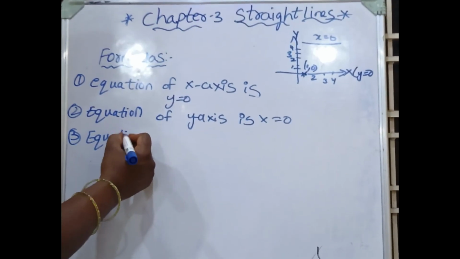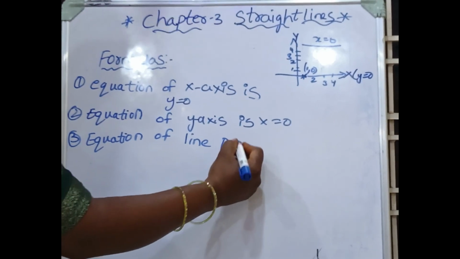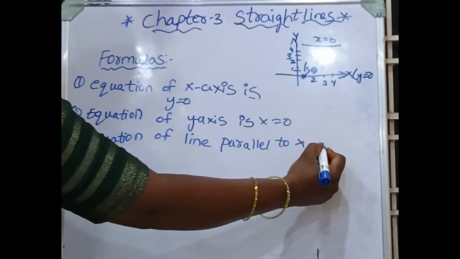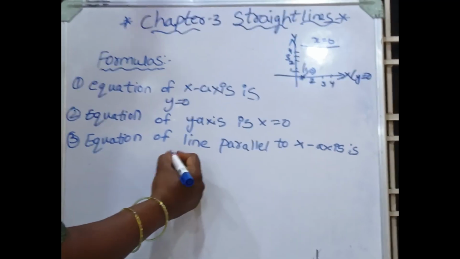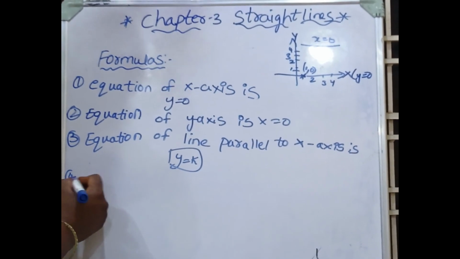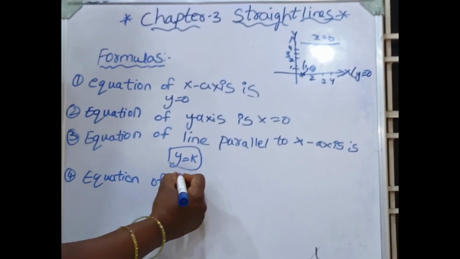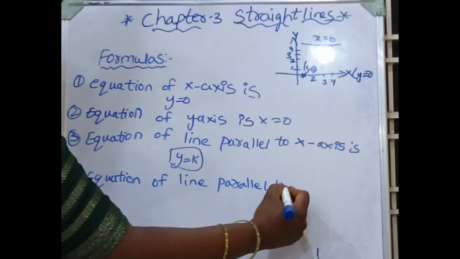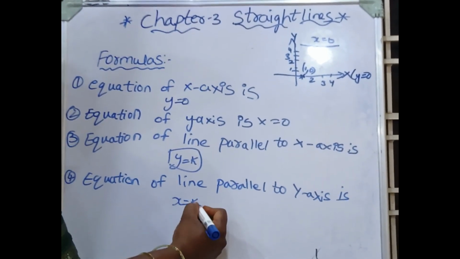The equation of a line parallel to the x-axis is y equal to some constant k. Again, the equation of a line parallel to the y-axis is x equal to k.